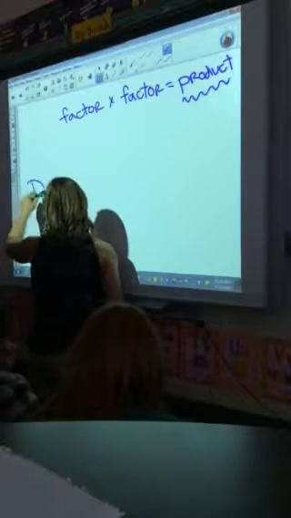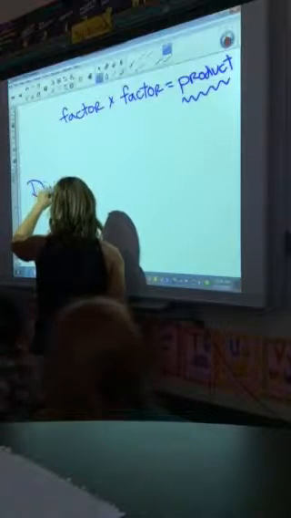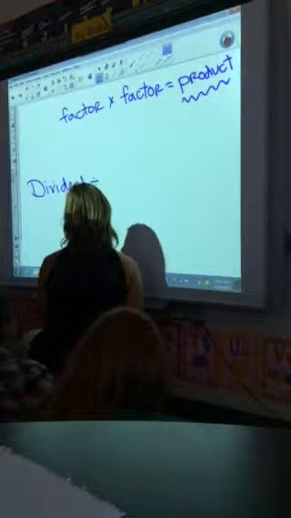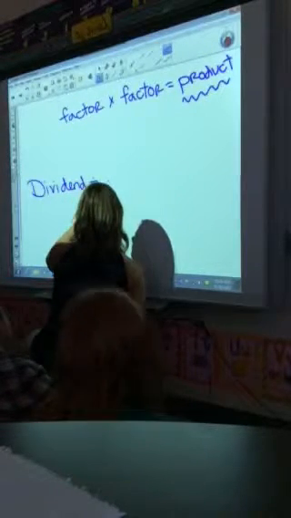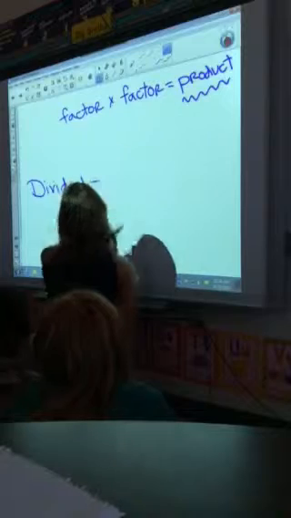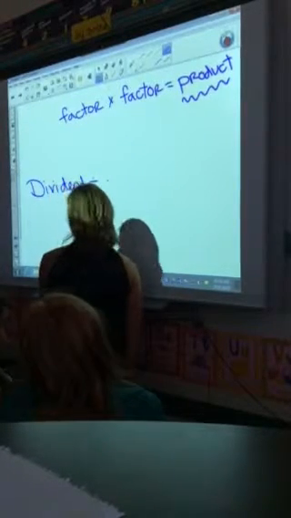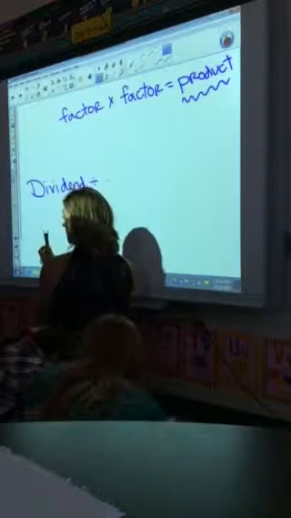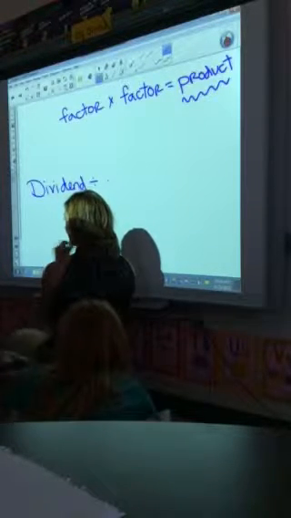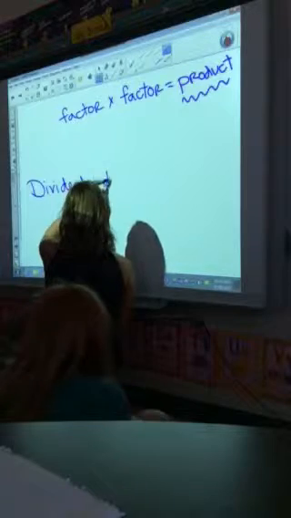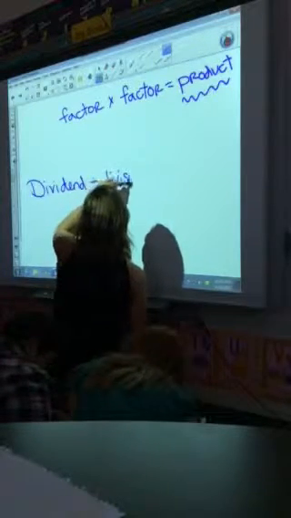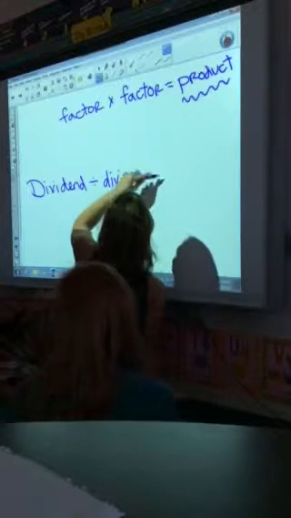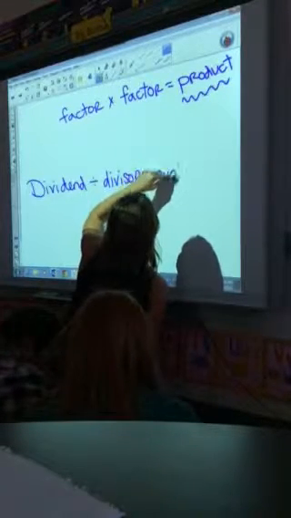You're used to it looking like this: dividend divided by my divisor is my quotient. These are multiplication terms. These are division terms.